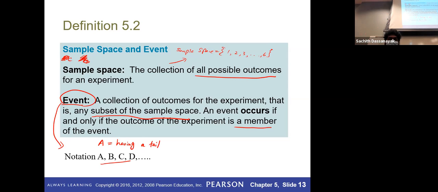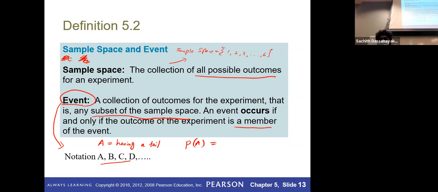Clear? In the exams, if you have short answer questions, first define your event using a capital letter, so that after that you can use it in your solution, like probability of A, which you pronounce as probability of event A.